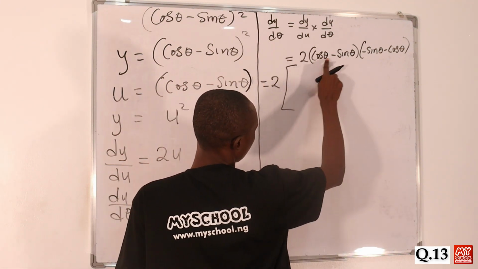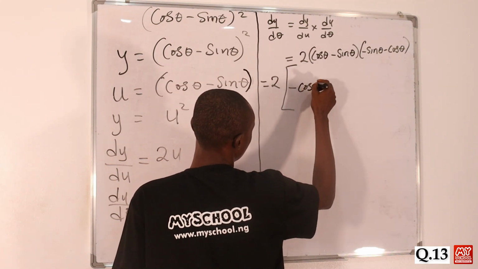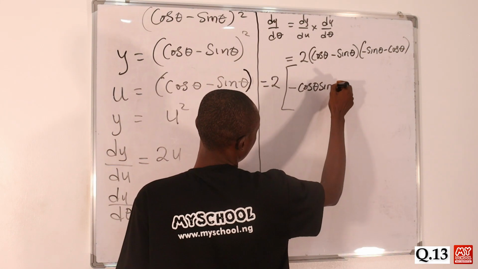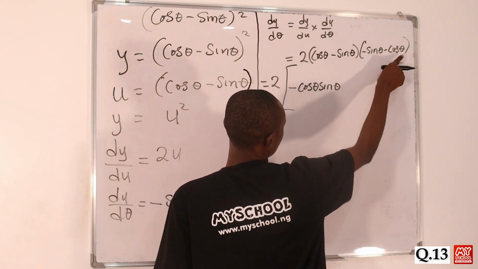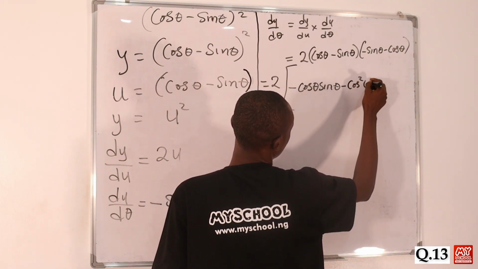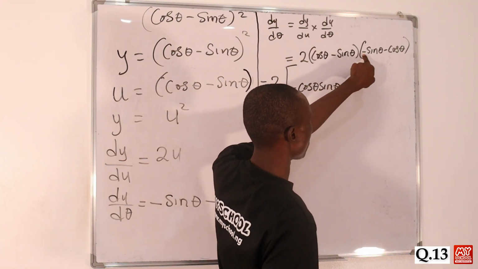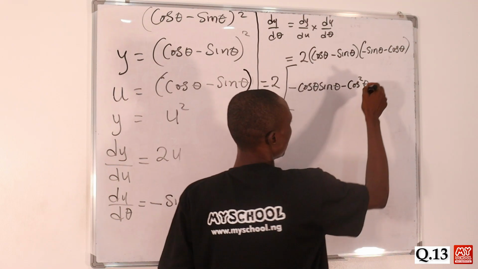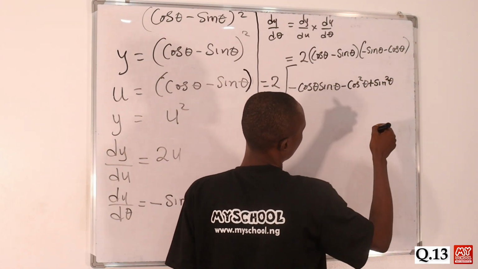So that will be having 2, then let's put this big bracket here. If cos theta multiplies minus sine theta, we'll be having minus cos theta sine theta, right? Then cos theta times minus cos theta gives minus cos squared theta. Minus sine theta times minus sine theta will be plus sine squared theta.